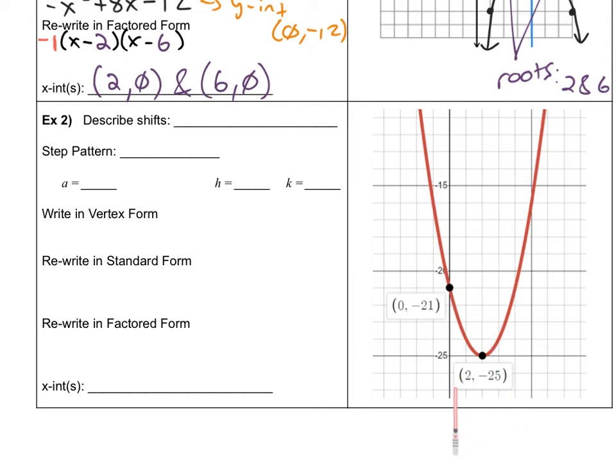Look at this vertex, (2, negative 25). So we can start with our description of that shift: to the right 2, and down 25. All right, so let's now identify what the step is from the vertex.